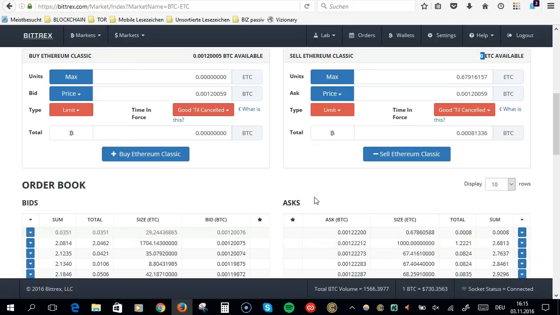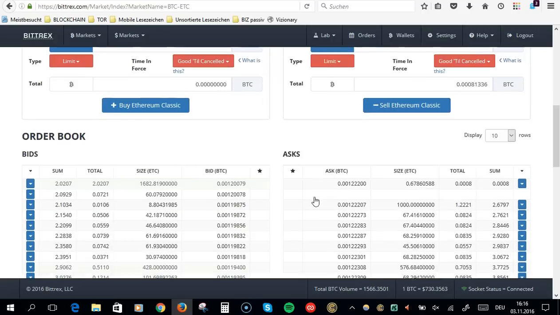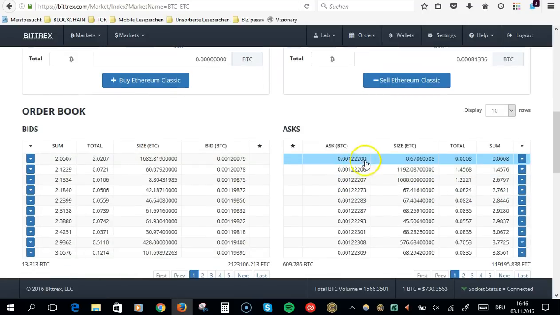Now the other way around, if you wanted to have more Bitcoin for your Ethereum Classic, if you ask for a higher price, you simply go here and say, okay, I want to have 0.0013 Bitcoin for my Ethereum Classic. That's fine.